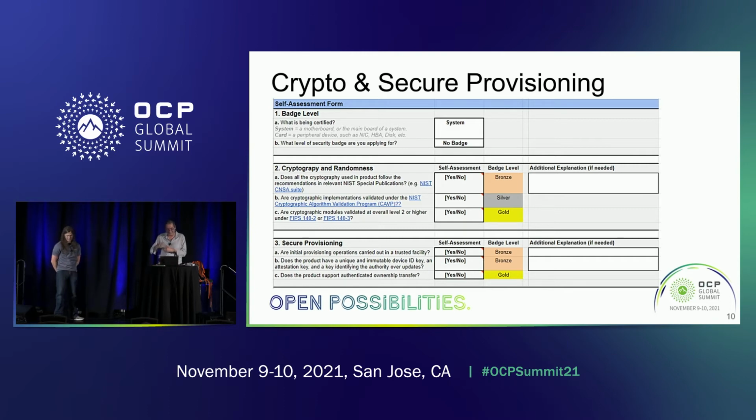And basically the question here is, yes, I use cryptography that is following the recommendation by NIST. No certification, no formal thing, just I'm using proper cryptography. Or I have my cryptography validated. So I went through the CAVP program, and I have the validation required, which we recognize as silver.